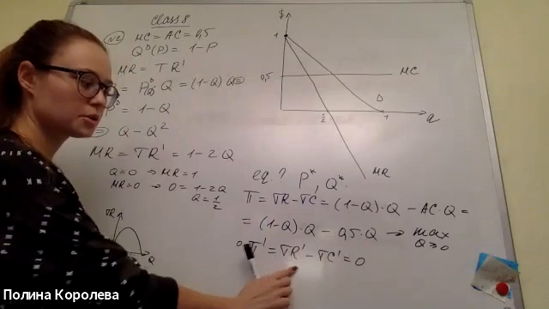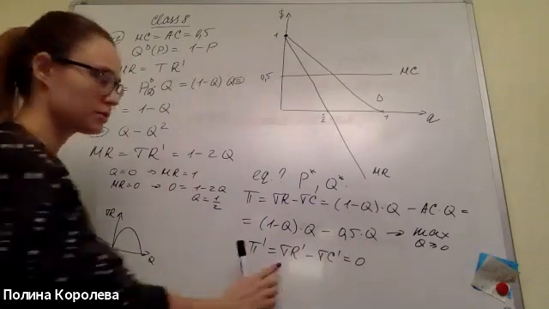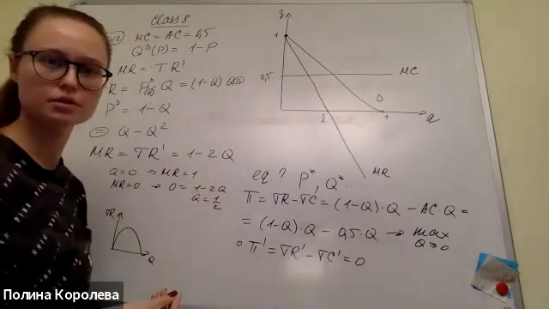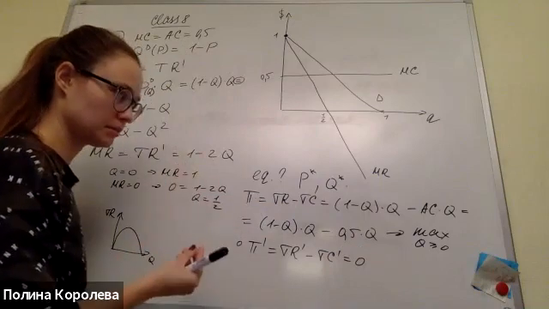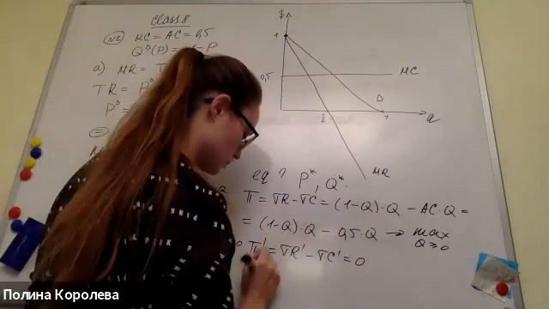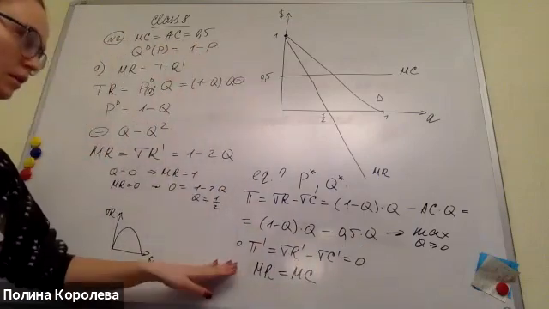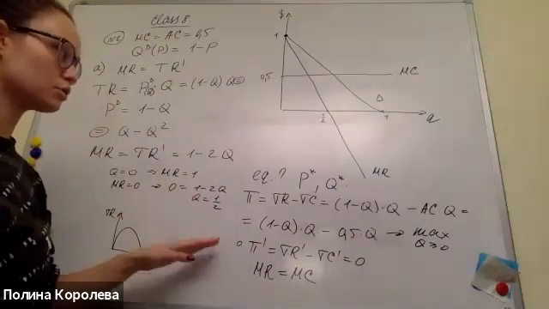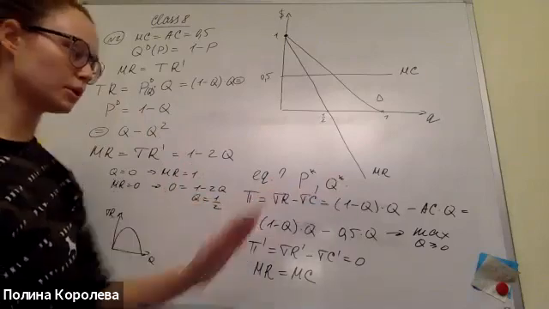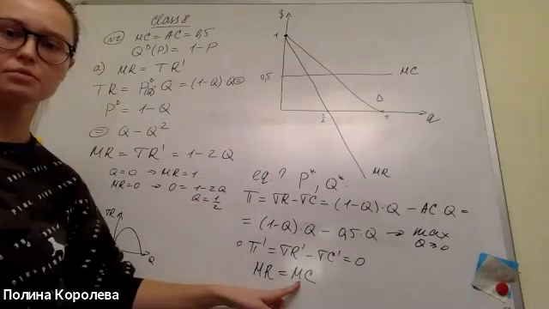The derivative of total revenue is marginal revenue. The derivative of total cost is marginal cost. So first, to find the optimal quantity we should equalize marginal revenue and marginal cost.